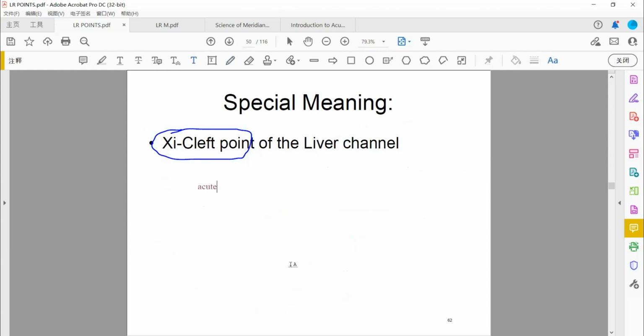Good for acute conditions. And on the yin meridian, it's good for some bleeding disorders. And on the yang meridian, well, good for pain.